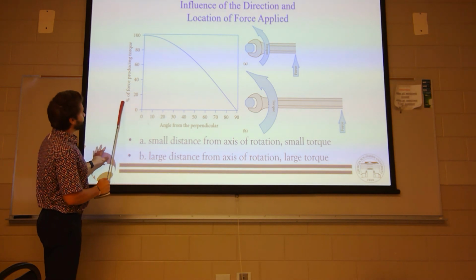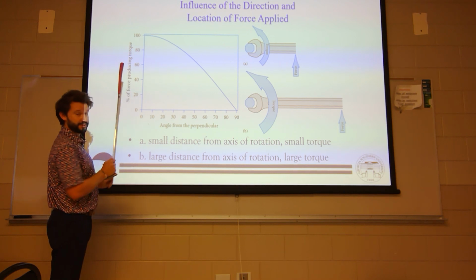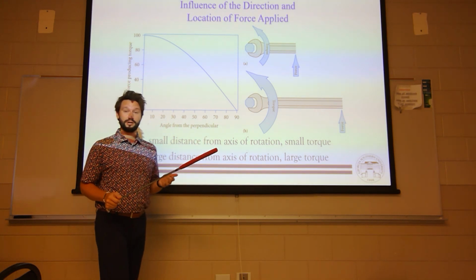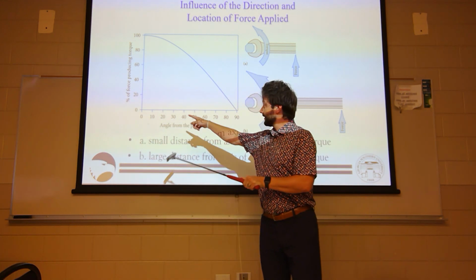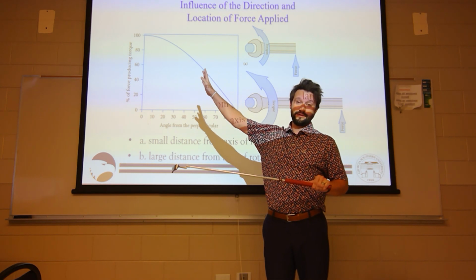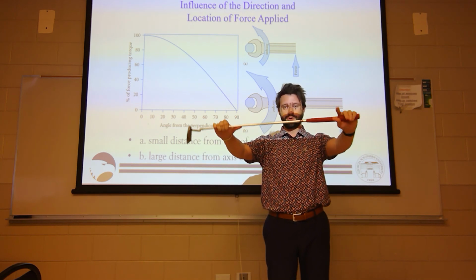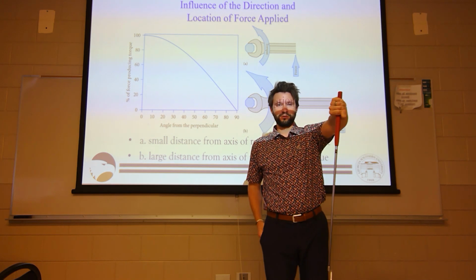And then you've got the percentage of the force that produces torque, or that produces rotation. And so what you'll see is that with a perfectly perpendicular force, almost 100% is going to create rotation. Meaning if you're holding it here, perfectly perpendicular, a lot of rotation.